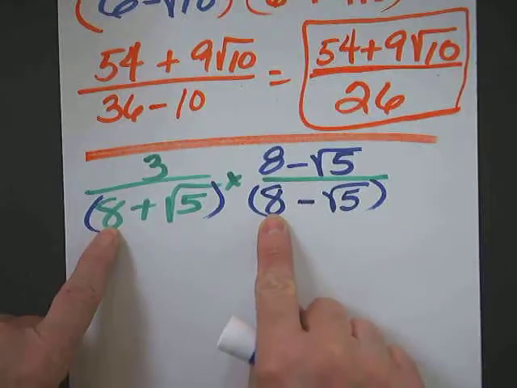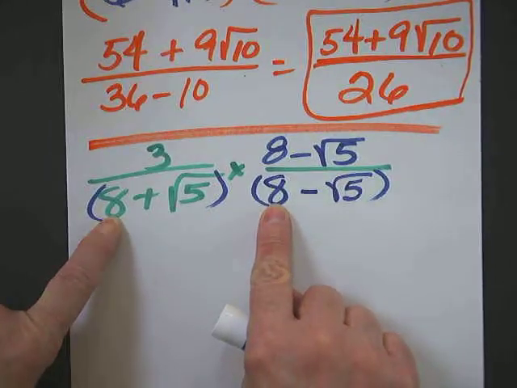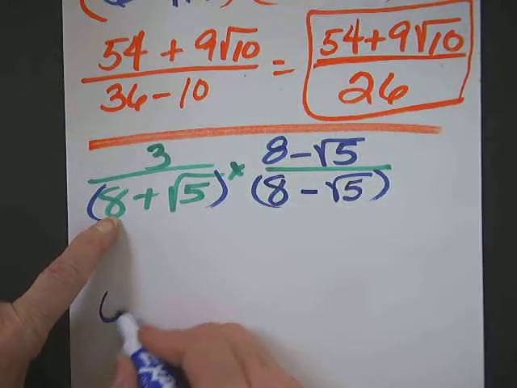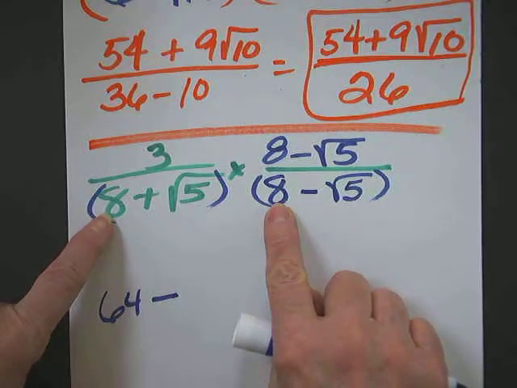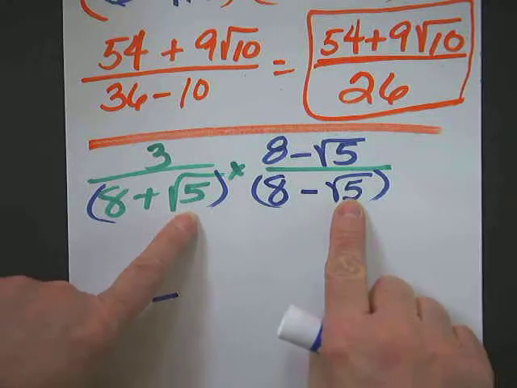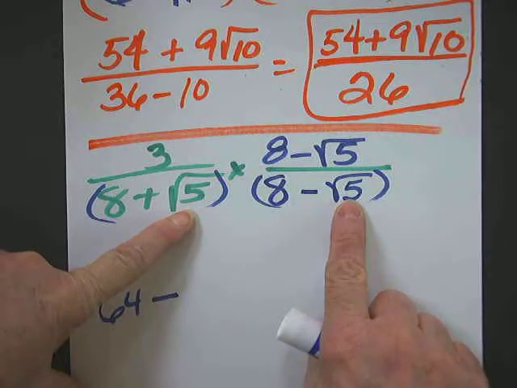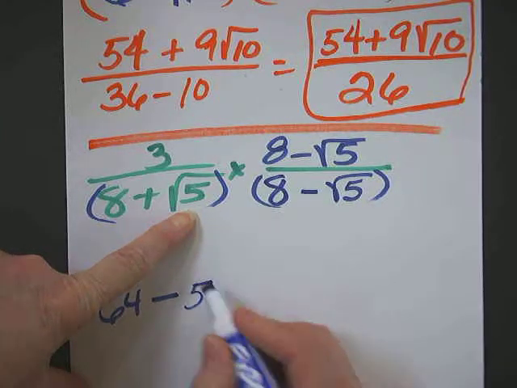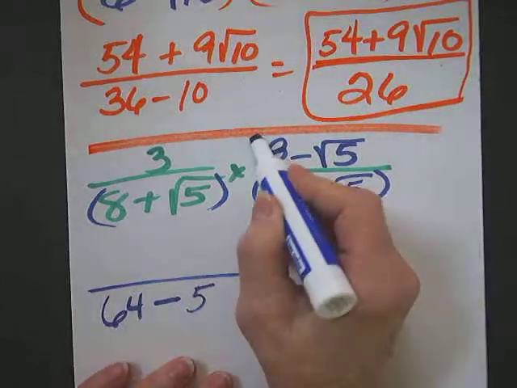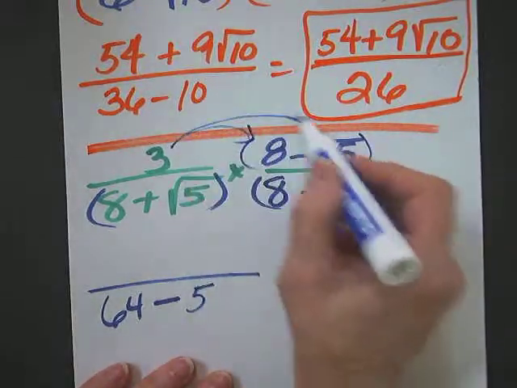3 over 8 plus square root of 5. Okay. What's the conjugate of 8 plus square root of 5? What is it? 8 minus. Minus. So we need to do that on the top and bottom.